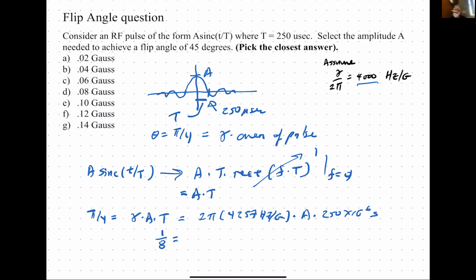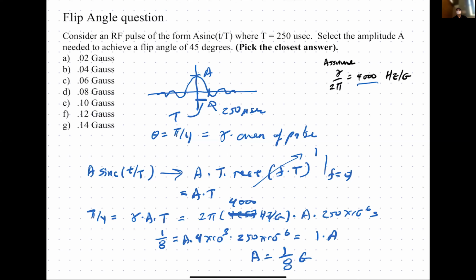So let's make our lives easy. That's 4,000. So we have 4 times 10 to the 3 times 250 times 10 to the minus 6, which equals 1, times A. So A is just equal to 1/8 of a Gauss.